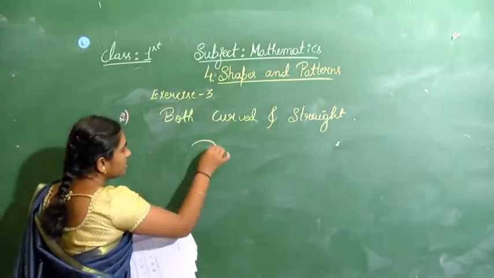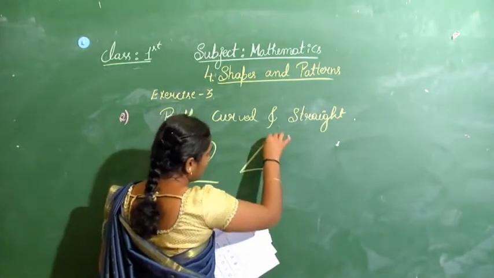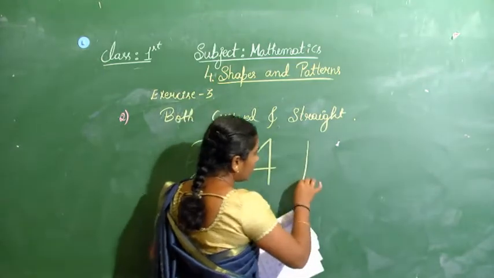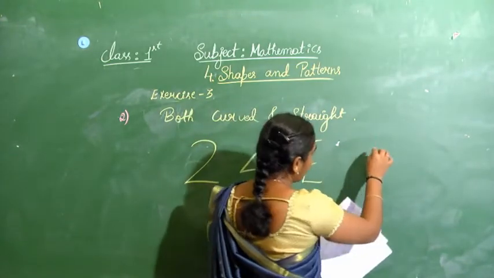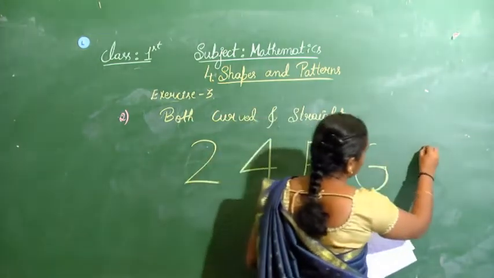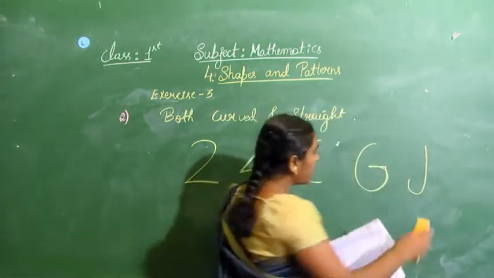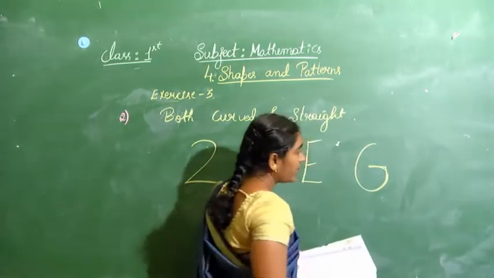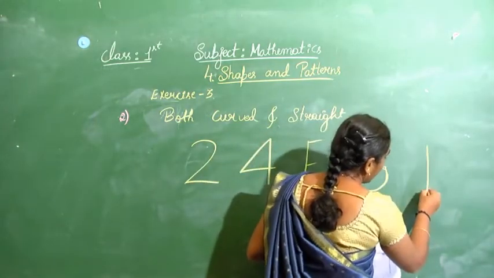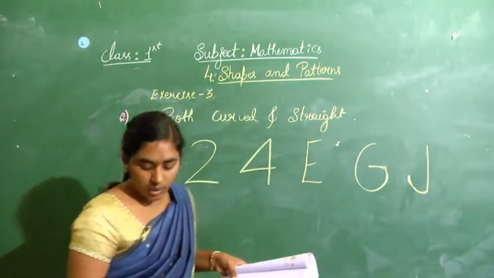First one is 2, 4, alphabet E, G and J. Both straight and curved. We need to draw a circle around that number or alphabet.